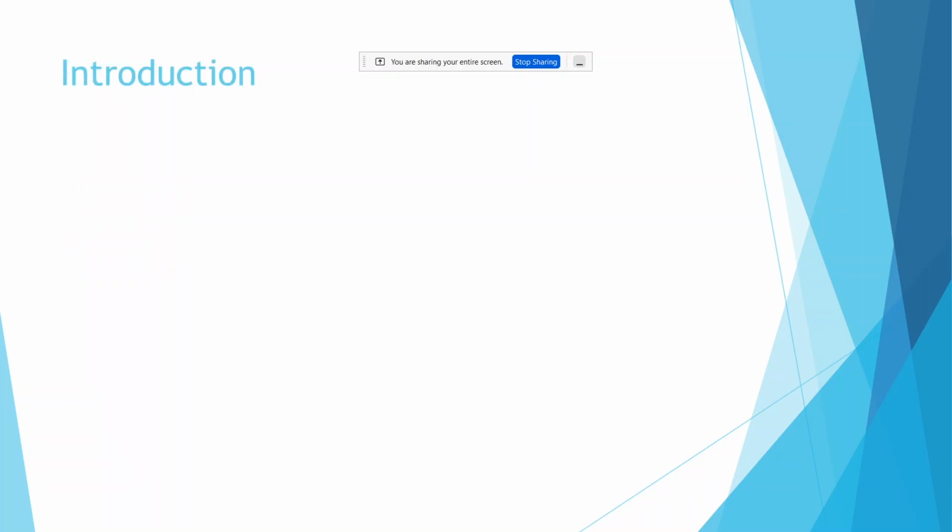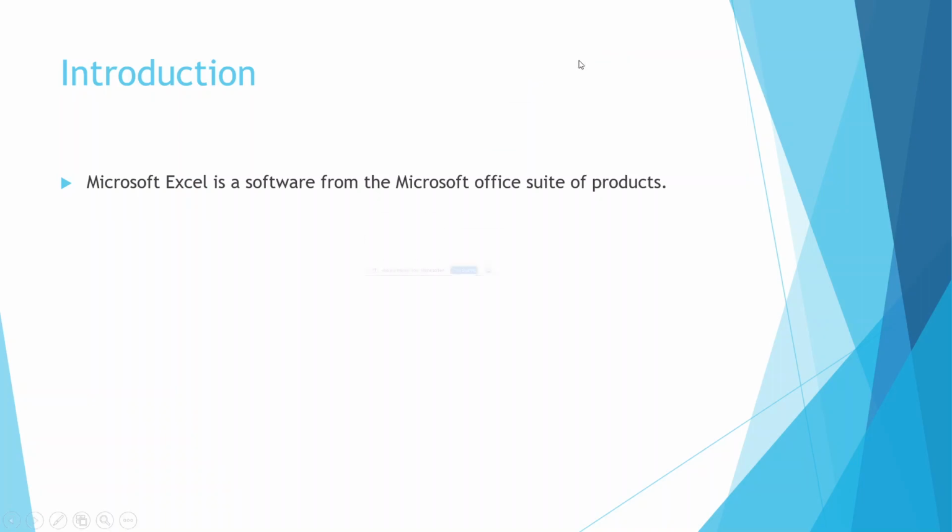Okay, so beginning with an introduction, Microsoft Excel is a software from the Microsoft Office suite of products. The main products in Microsoft Office are Microsoft Word, Microsoft Excel, and Microsoft PowerPoint. There are other products in this suite, but they are not as widely used as those three.